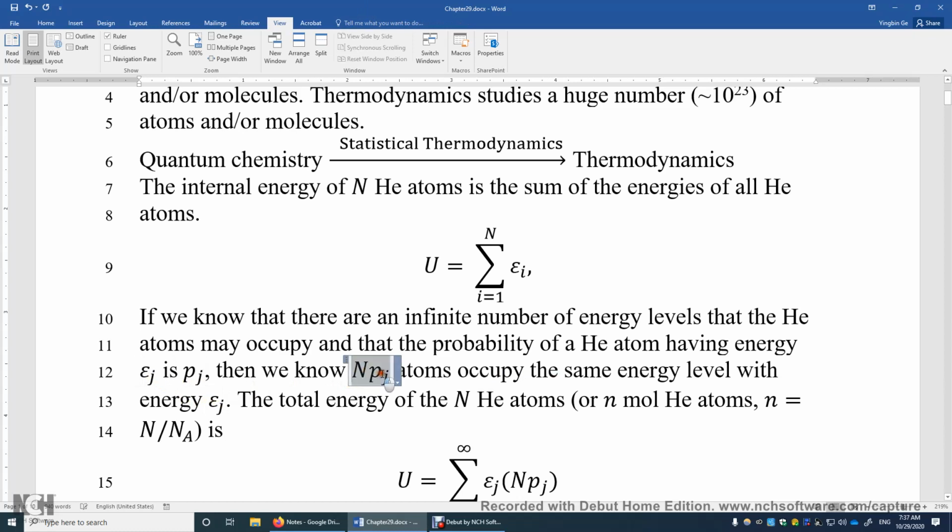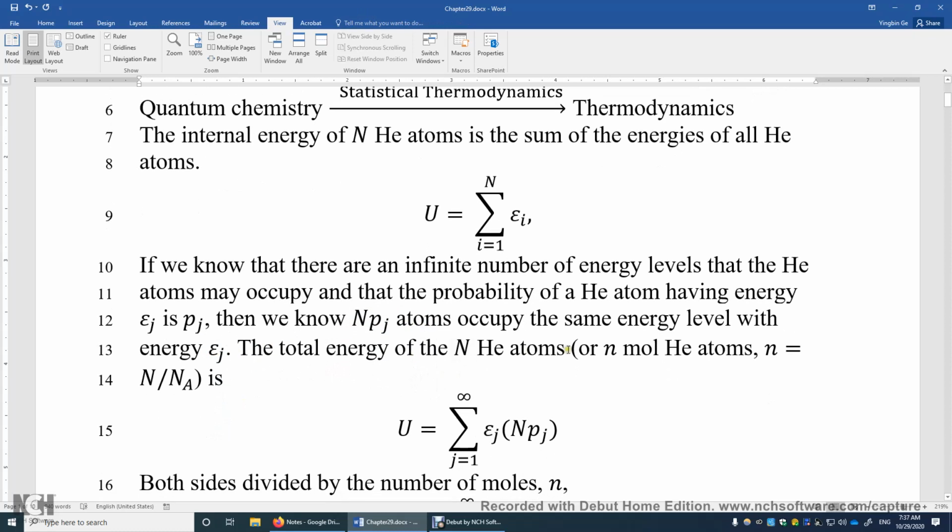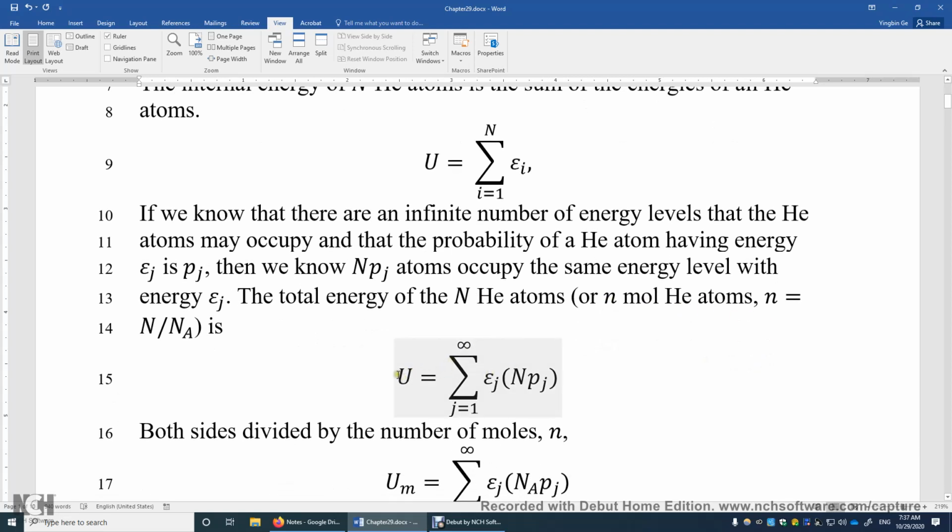So again, this number of atoms have the same energy epsilon j. And therefore, the total energy of these N helium atoms, or you can say lowercase n moles of helium atoms, is this. The total internal energy of all these helium atoms is the sum of epsilon j times this uppercase N times p sub j.